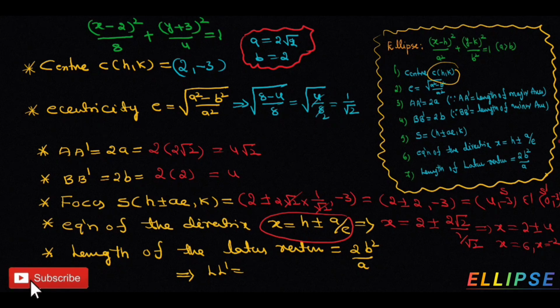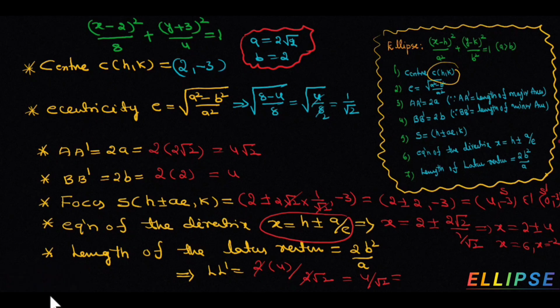Last one, the length of the latus rectum is 2b square by a, so 2 into 4 by 2 root 2. Here the 2s cancel, then we get 4 by root 2, so we get 2 root 2 as the length of the latus rectum.